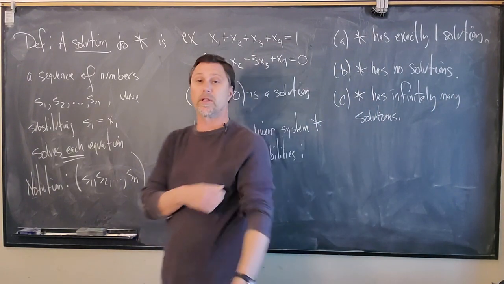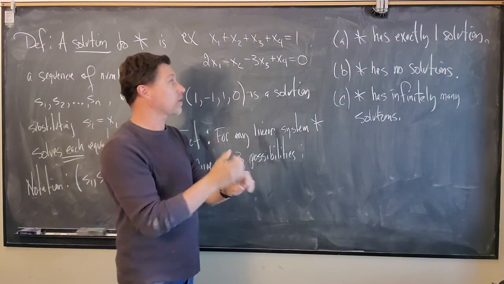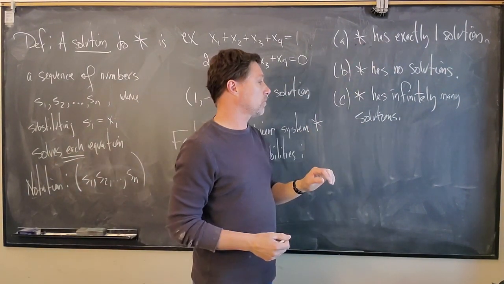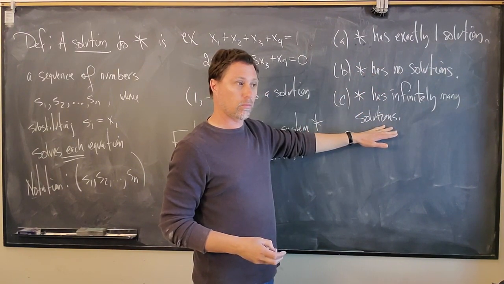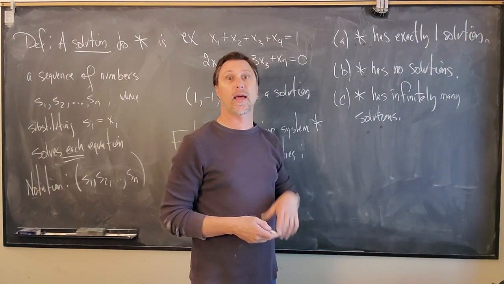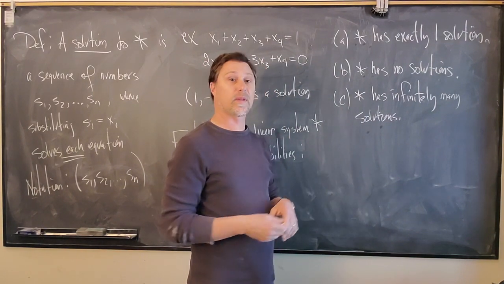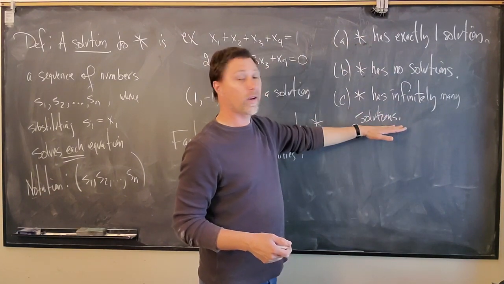So if you have a linear system, exactly one of these is going to occur. Either we'll have exactly one solution, or we'll have no solutions, or we'll have infinitely many solutions. The important thing to get here is that you cannot have a linear system that has three solutions, or a linear system that has seven solutions. It either has one or infinitely many.